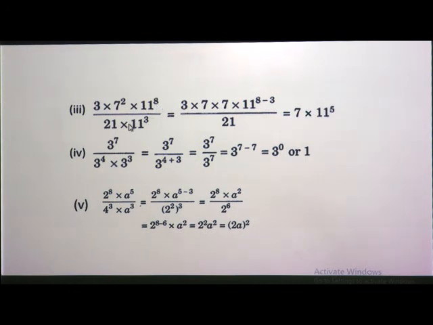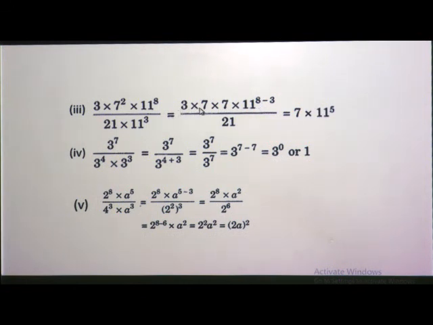In the denominator, in the form of division, we have 11 cube, which will be subtracted here, that is 8 minus 3. What is left is 21 here.